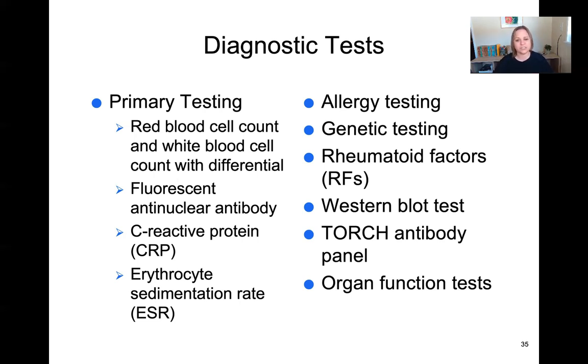We can do allergy skin testing or genetic testing to look for any predispositions. Rheumatoid factors give us a clue as to whether or not a patient has rheumatoid arthritis. And there are other antibody tests that we can do to test for antibodies against their own body, or organ function tests to look for any organ dysfunction from the body attacking itself.